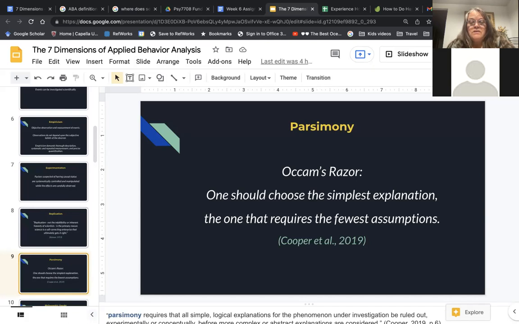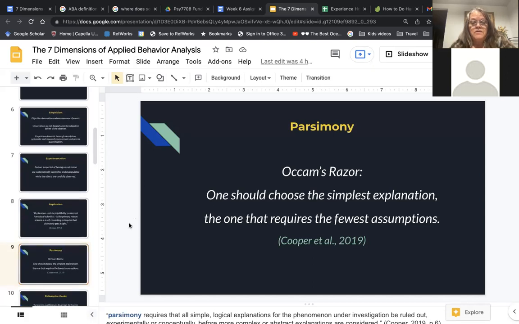So we want to make the fewest assumptions possible. We want to get rid of everything that's superfluous and find the simple, logical explanations. That's parsimony.